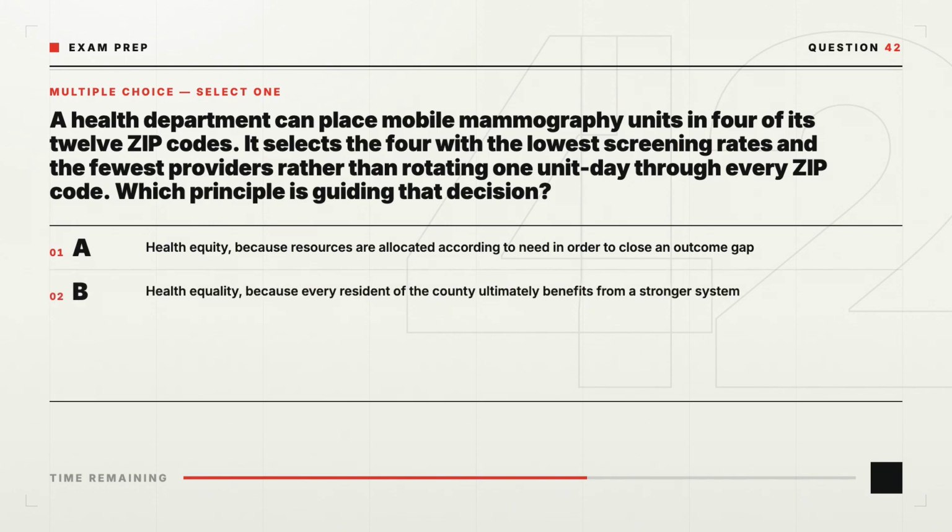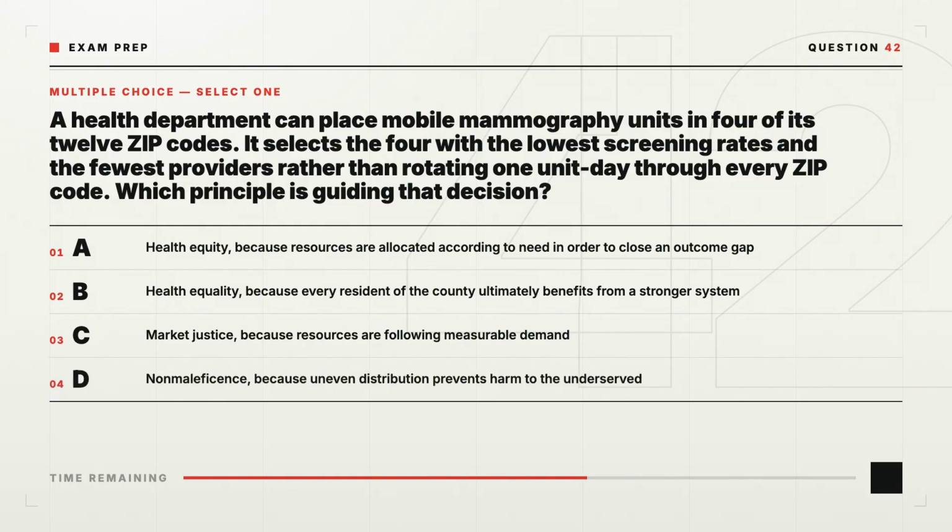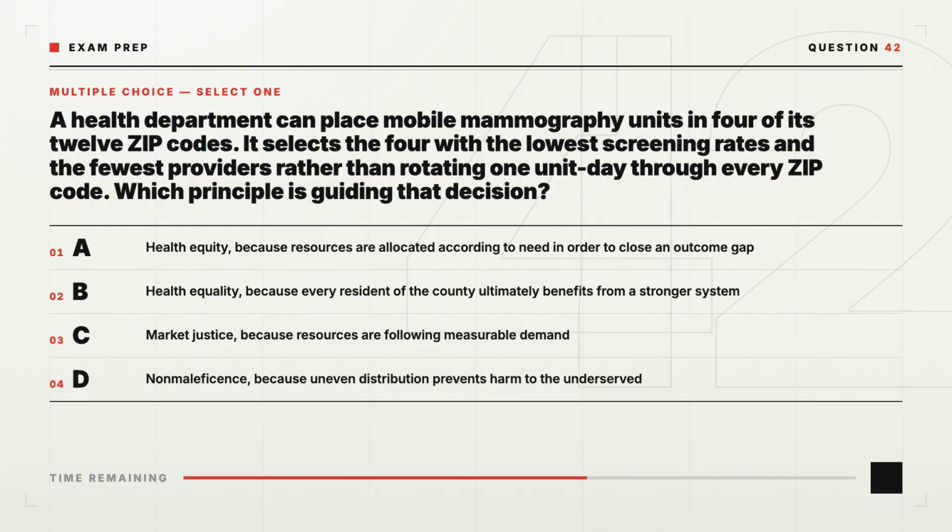B. Health equality, because every resident of the county ultimately benefits from a stronger system. C. Market justice, because resources are following measurable demand. D. Non-maleficence, because uneven distribution prevents harm to the underserved. Take a second, and which answer would you pick?